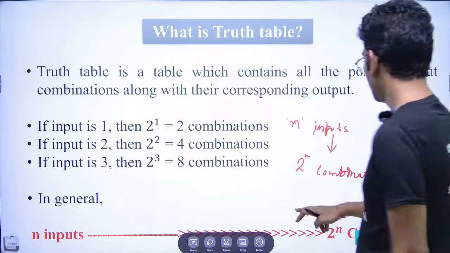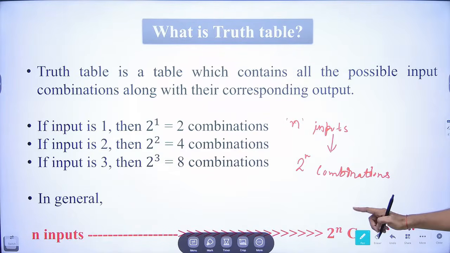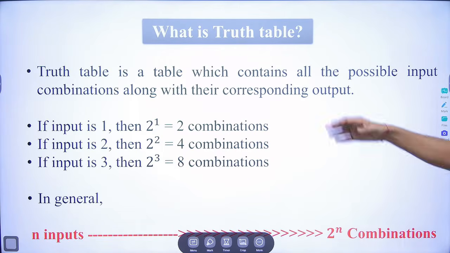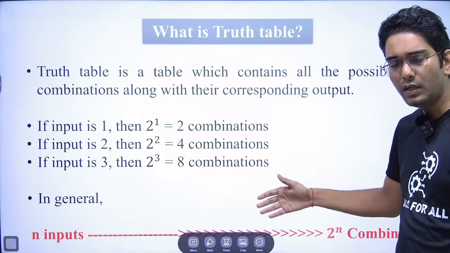So for n inputs, we will be having 2 to the power n combinations. Right. So this is all about the basics of the truth table.